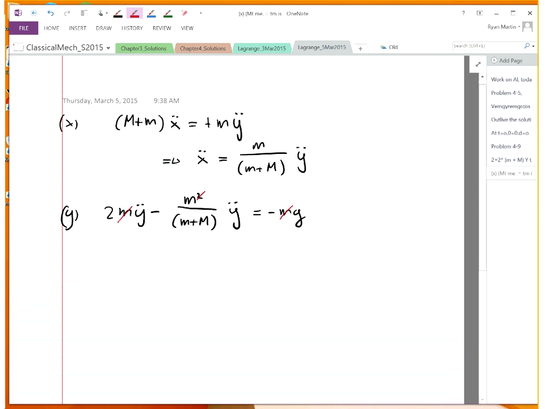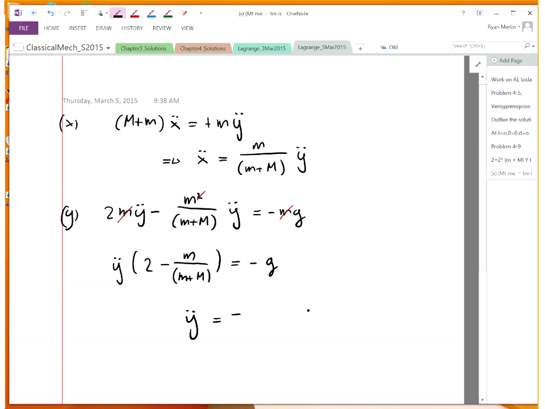All right, so I can cancel an m everywhere. And I'll factor out the y double dot. That y double dot times 2 minus m over M plus m has got to equal minus g.